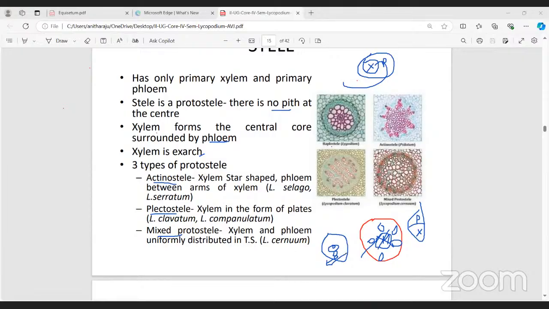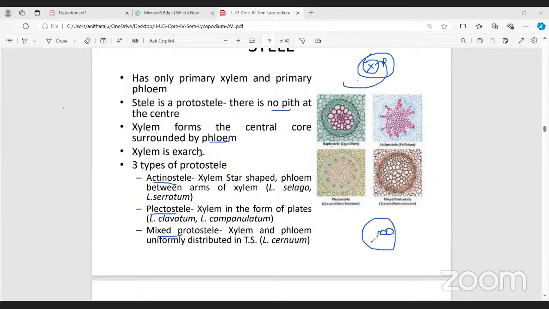Let me draw clearly. This is the stele, this is the center.